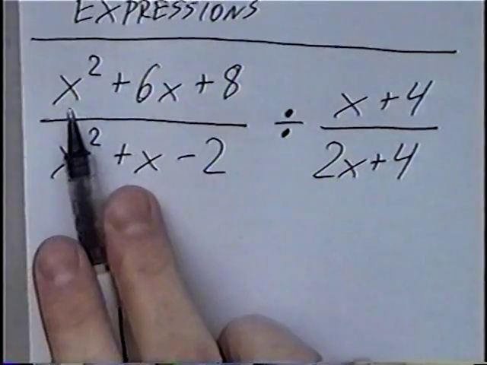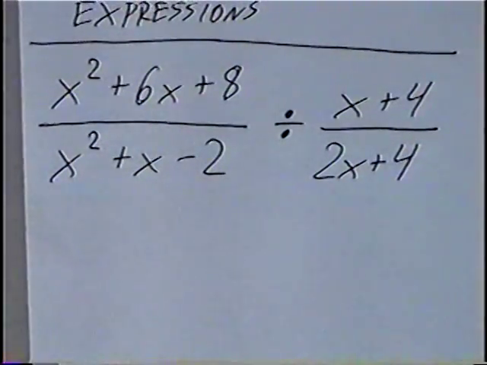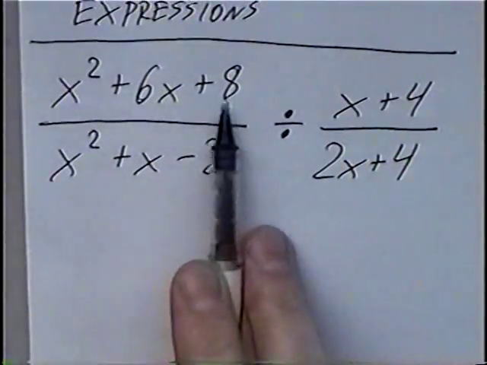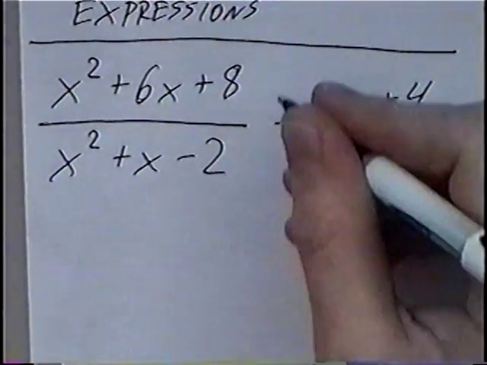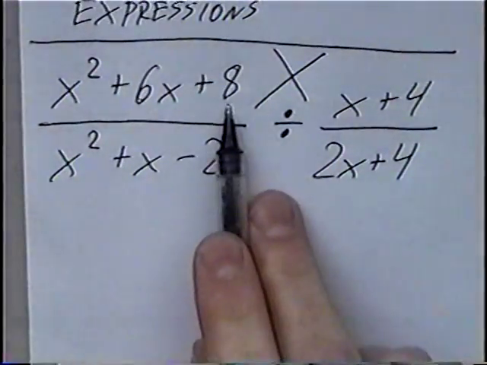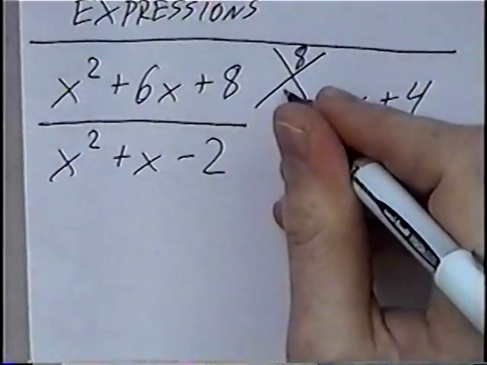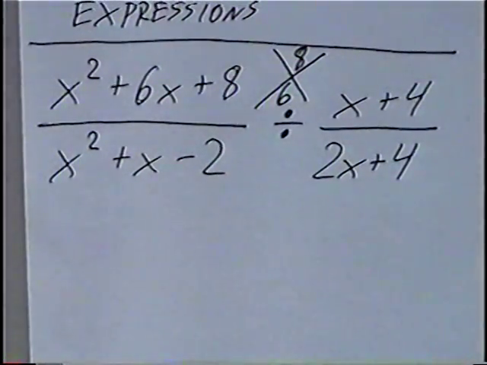Looking at the first term, or first numerator, x squared plus 6x plus 8. If you remember from previous sections, we can factor this. This would factor using the diamond or x method. We'll take the last number 8, put that on top of the x, and the middle number 6 we'll put on the bottom of the x.